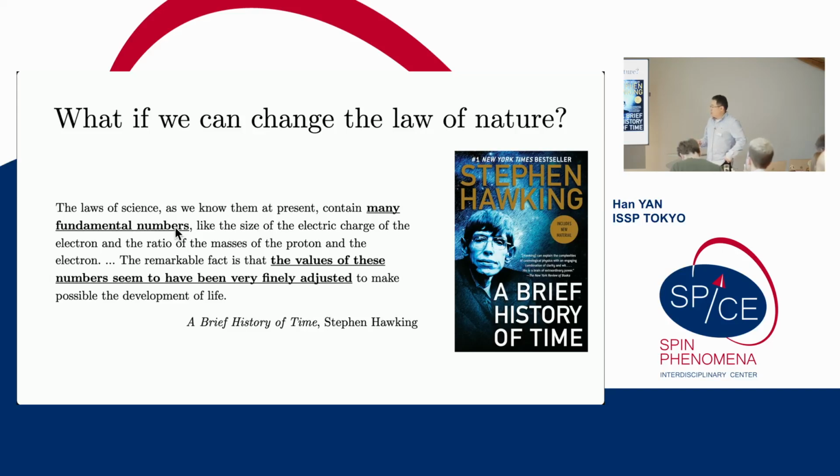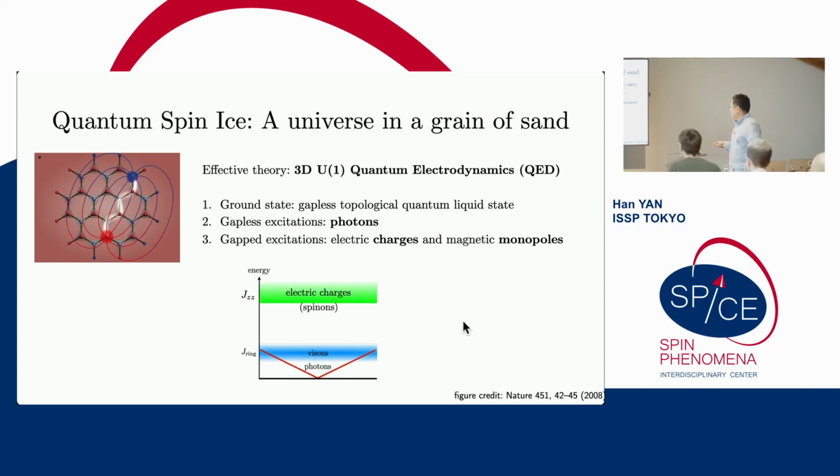It's quite remarkable that these numbers are finely adjusted to make possible the development of life. In other words, if you change the fine structure constant and so on, then the entire chemistry of the new universe will be entirely different. So it is very interesting to imagine what we can do to achieve this.